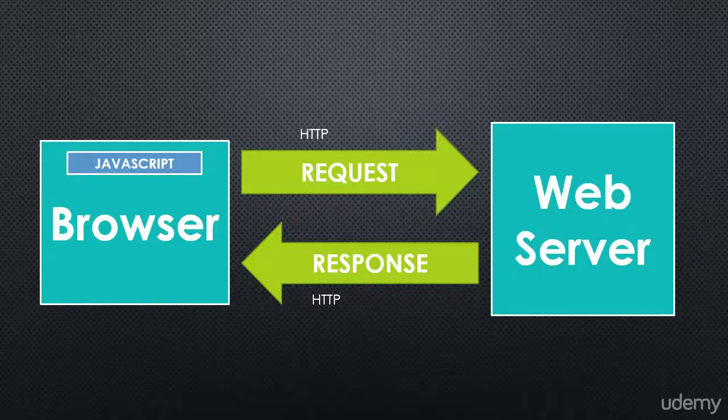Browsers like Google Chrome, Firefox, Safari, Internet Explorer, Edge, they implement a JavaScript engine of some kind so that we can code in JavaScript. Now, Google Chrome, for example, is a C++ program.